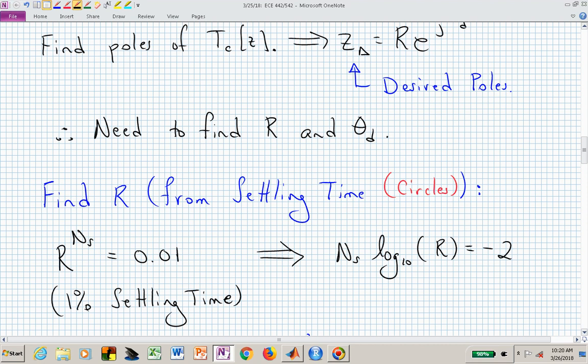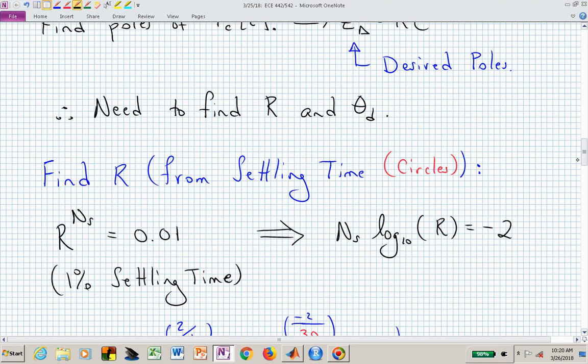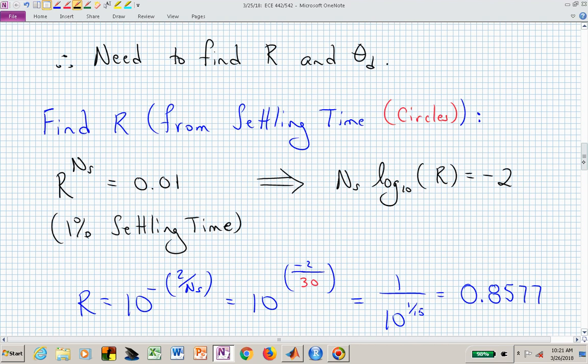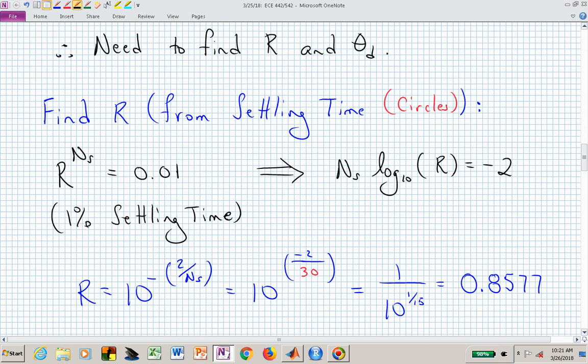We want that power finally to be, in our case, n sub s of 30, to drive r to less than 0.01. We can solve this for r by taking the base 10 log of both sides and then taking the anti-log, and now we have a formula for the radius of our desired poles based on a settling time specification of 30 samples.